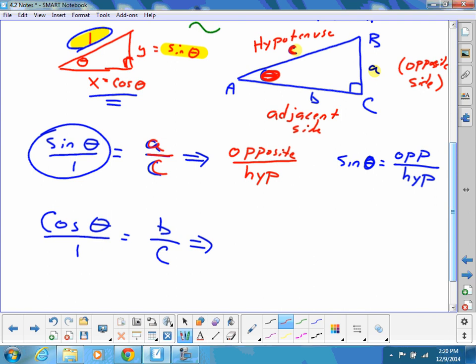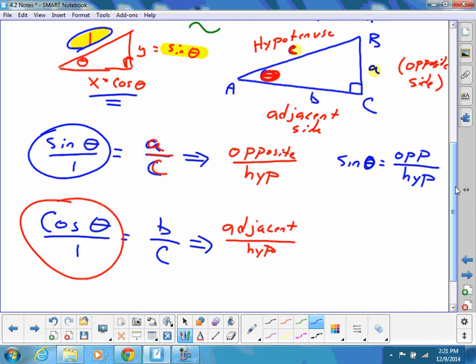So B is adjacent over the hypotenuse. Going back to the original, cosine of theta equals adjacent over hypotenuse. I've heard that before too.